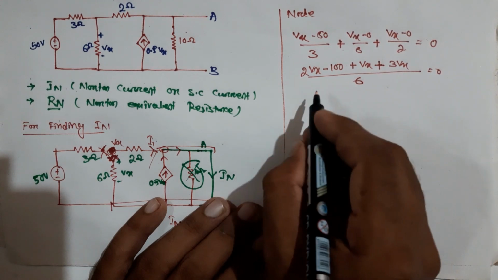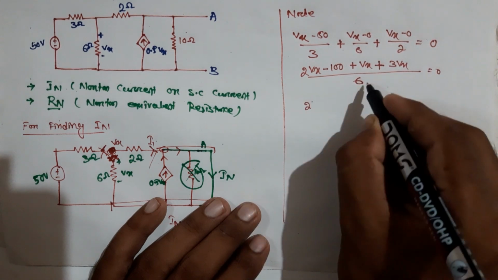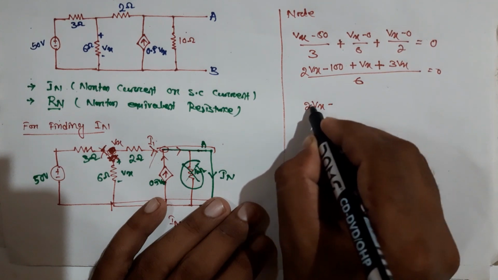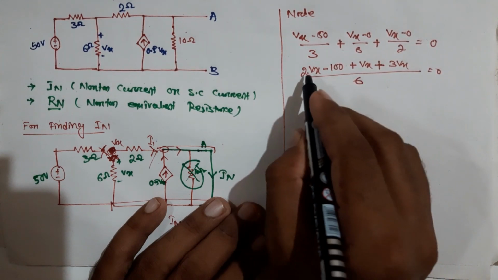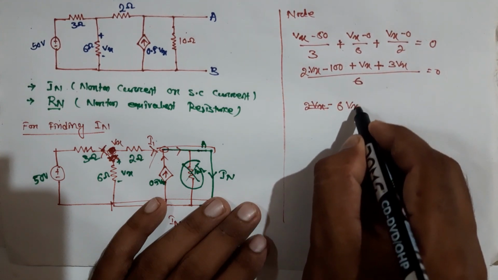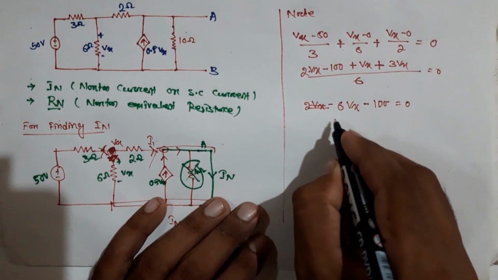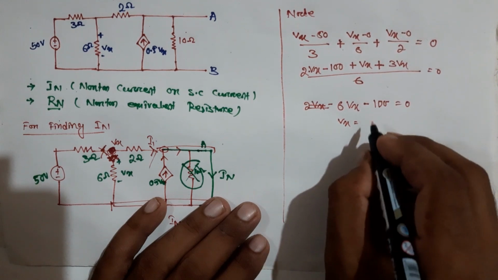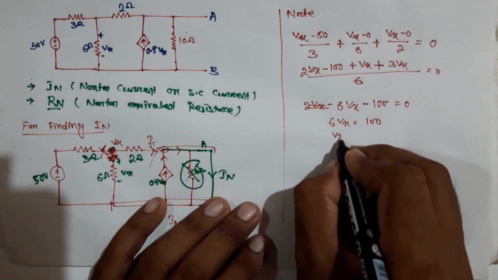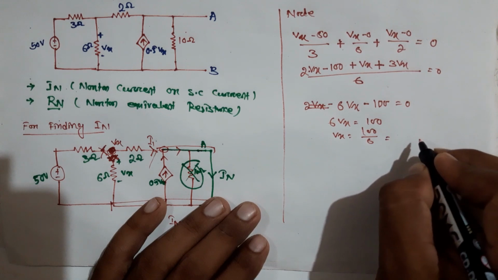You find the Vx value. Total 6 Vx minus 100 is equal to 0, so 6 Vx is equal to 100, then Vx is equal to 100 by 6.